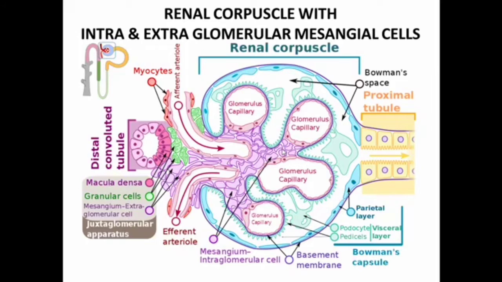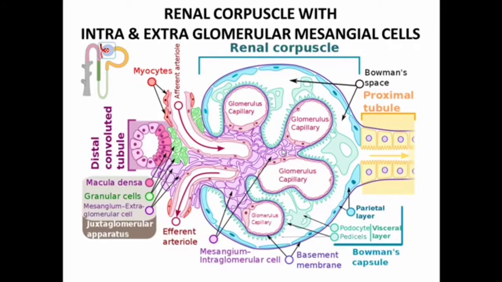These are not seen under the light microscope, so we can see them only under the electron microscope. And the study under the electron microscope reveals that these cells contain, in addition to the routine cell organelles, the bundles of actin and myosin filaments, and these actin and myosin filaments are responsible for their contractility.